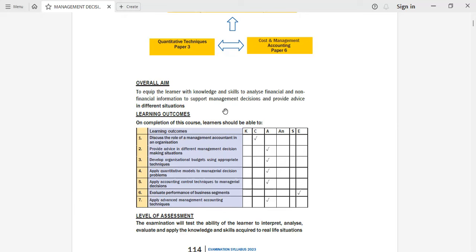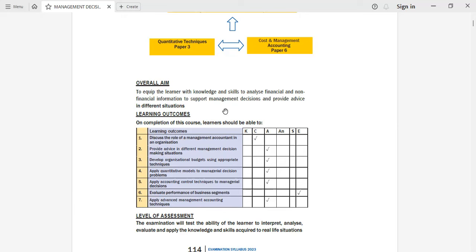So we are going to be looking at all the aspects where we can make decisions within management. We are going to look at situations where we use some of the things that we learn here, and we'll be able to solve cases that are going to be asked in the examination.